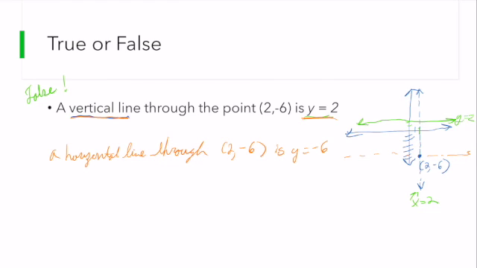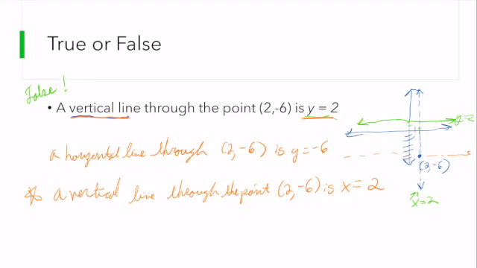Or the simpler way to change it would be that a vertical line through the point 2, -6 is x equals 2. Okay? So there's two ways because there were two things that could be changed to correct this true-false statement. Okay, so you do whichever one you feel best about.